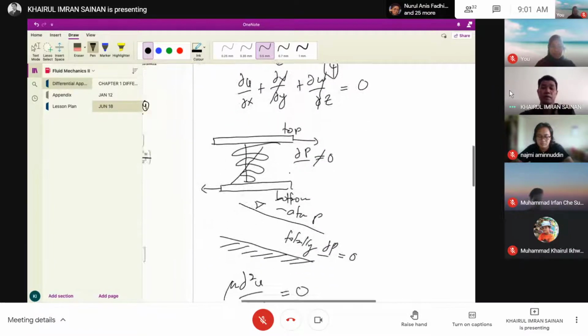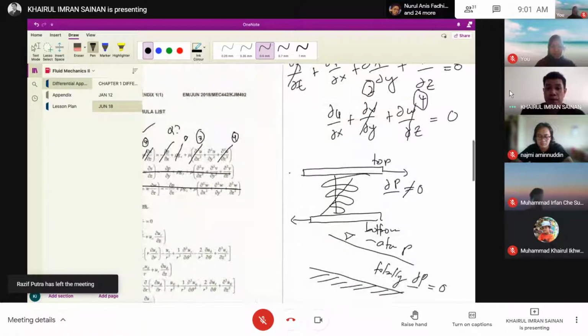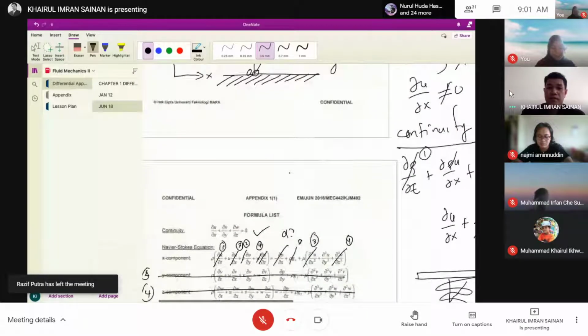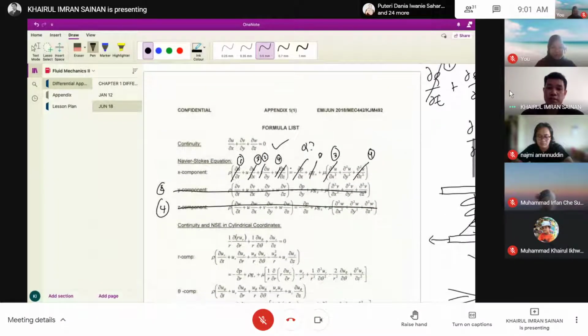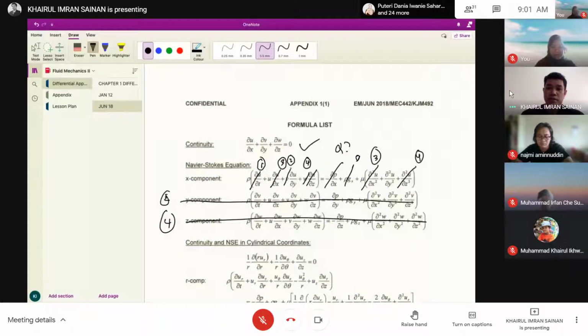Translation. Alright, next we need to apply the Navier-Stokes equation. So the Navier-Stokes equation has three components: component x, component y, and component z.